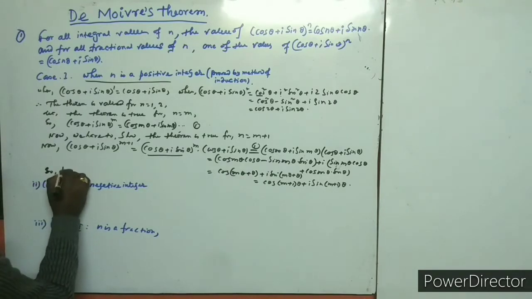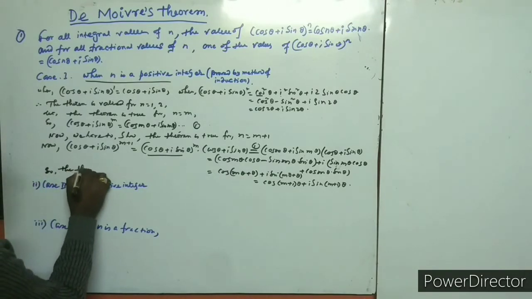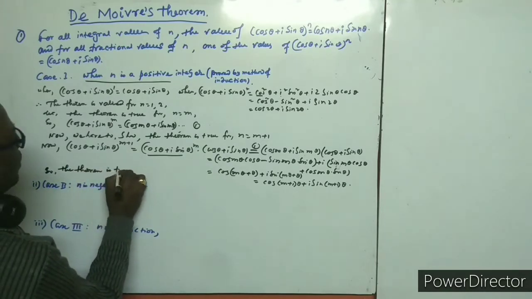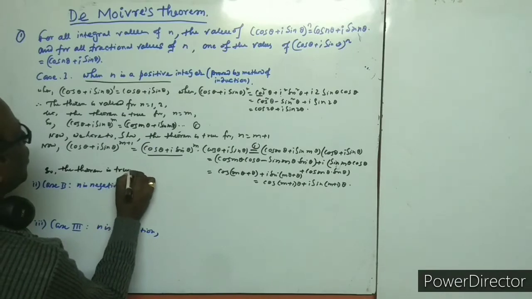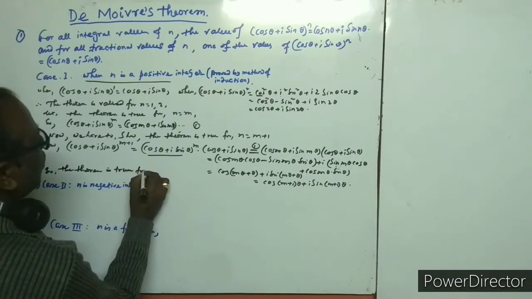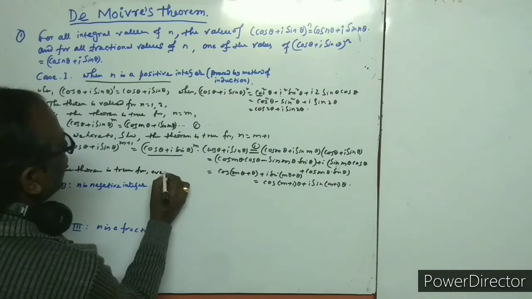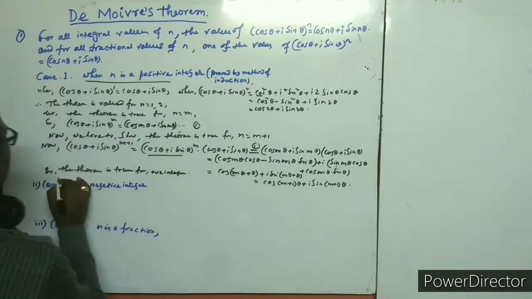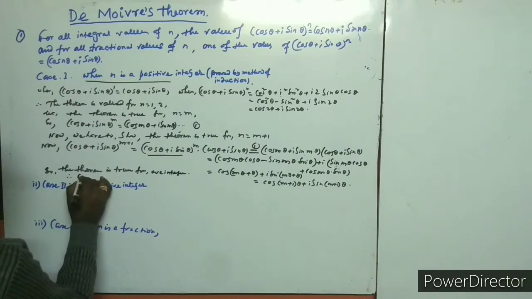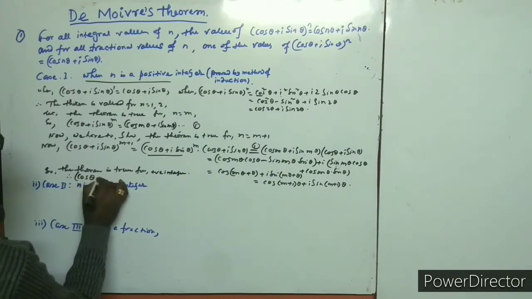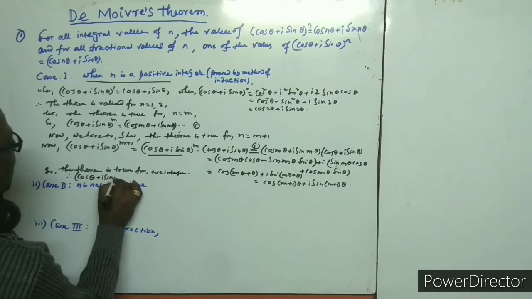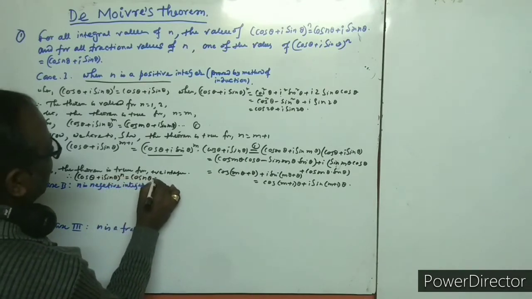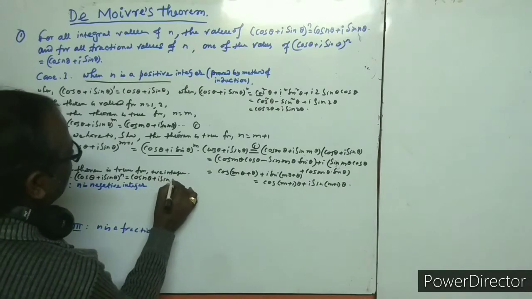Therefore (cos theta plus i sin theta) to the power n is equal to cos n theta plus i sin n theta for positive integer n.